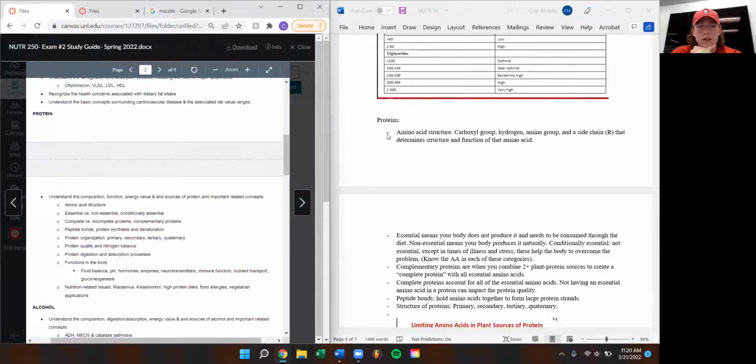So first is going to be talking about amino acids. So understanding the structure. There are quite a few amino acids, and they're broken up into essential and non-essential.